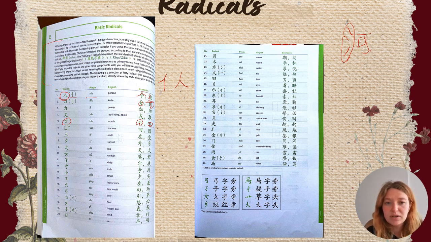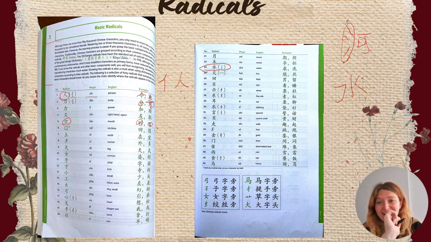And here's that one I was talking about before, water. So the character for water by itself, I actually just wrote that wrong, and you'll see why in a second, is shui, meaning water, and then when it's a radical, it gets changed, it gets squished a little bit into 3 dots.